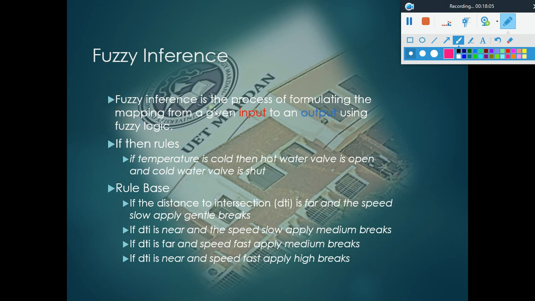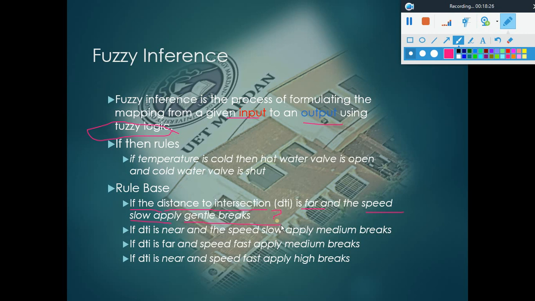Fuzzy inference is the process of formulating the mapping from given inputs to outputs, and we use different rules. For example, if the distance to the intersection is far and the speed is slow, apply gentle brakes.